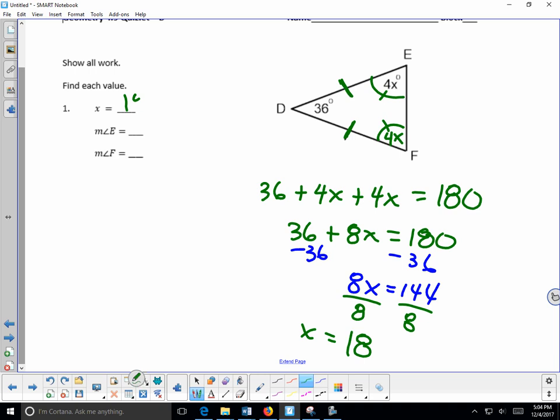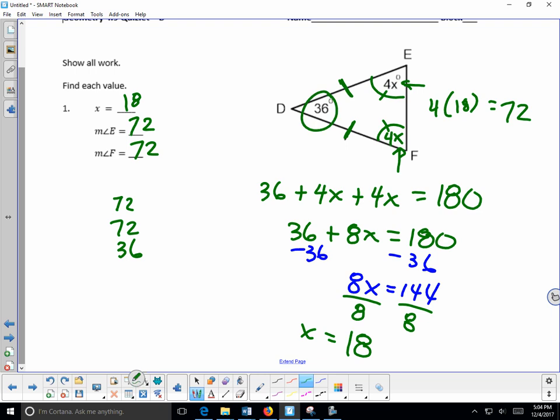So if x is equal to 18, we can fill in 18 for x here, and we get 4 times 18 is equal to 72. So that's 72, and this one's going to have to be 72. And as a check, if I add 72, 72, and 36, because those are the three angles of my triangle, they should add up to 180.